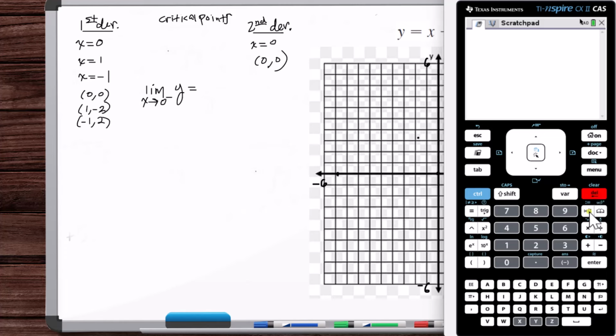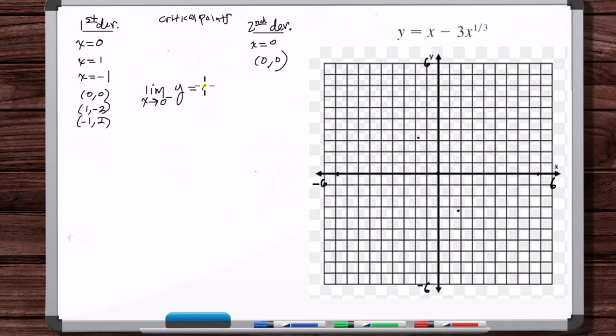Let's get the first derivative and store this as d. Now let's get the second derivative and store that as c for concavity. Okay, so now this is equal to 0, this is from the right.